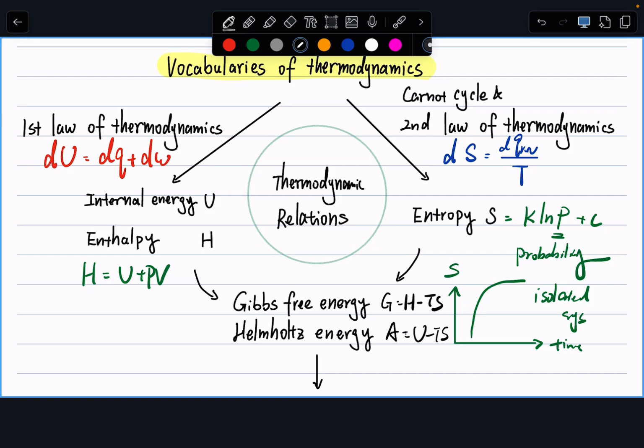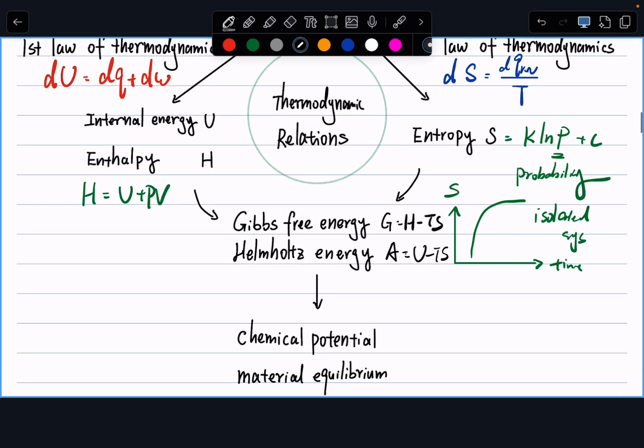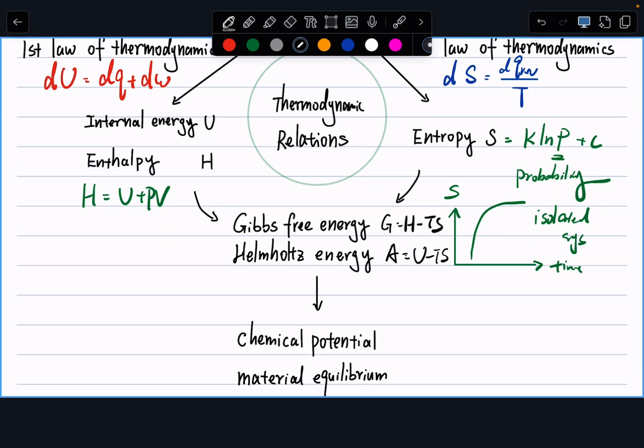We care about these two new state functions because we want to have a description of material equilibrium. So what we end up saying is the Gibbs free energy, if you plot G as a function of time for this closed system, constant temperature and pressure, your Gibbs free energy will always decrease until it reaches the equilibrium.